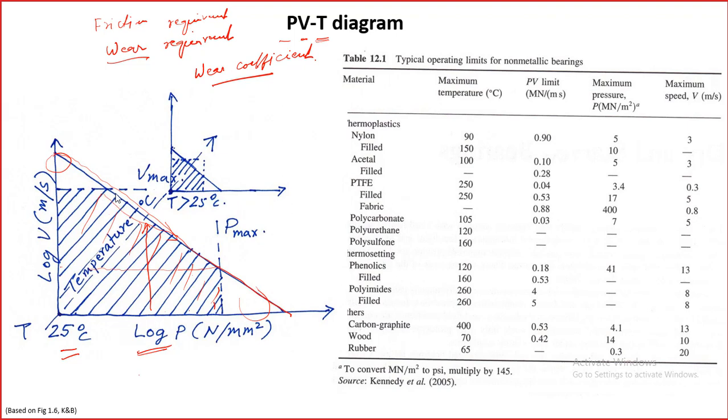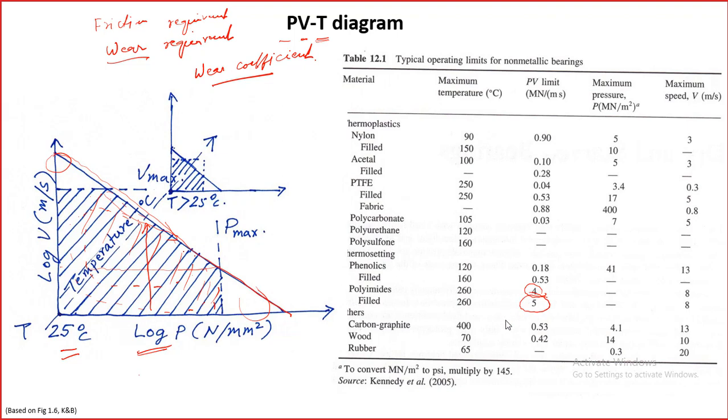Basically you will try to find out a region within which your requirements are satisfied as far as friction or wear is concerned. In the case of dry bearings, the idea is that we should get materials with PV limit as high as possible. Here you can see that polyimides has got 4. Thermosetting polyimides filled with some other materials.